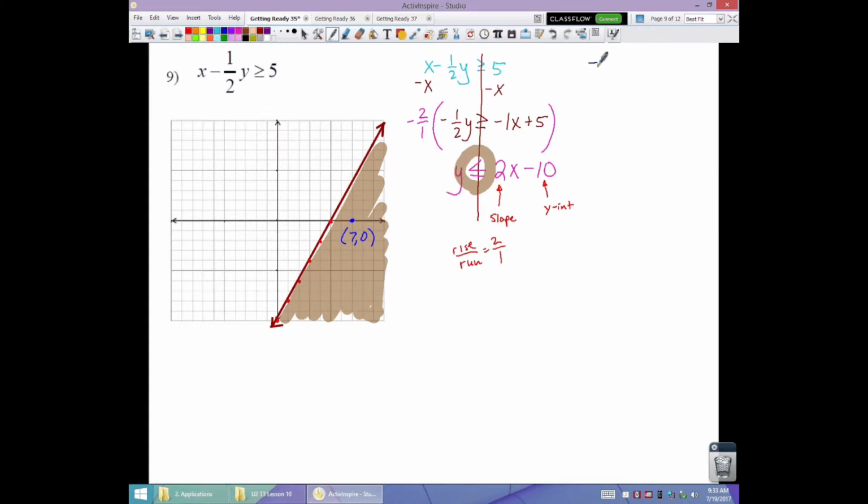So I will substitute 7 for x, 0 for y, and should show that that's greater than or equal to 5. So negative 1/2 times 0 is 0. 7 minus 0, greater than or equal to 5. So 7 is greater than or equal to 5, which is true. So the right thing happened here. It did work just like we expected it to.